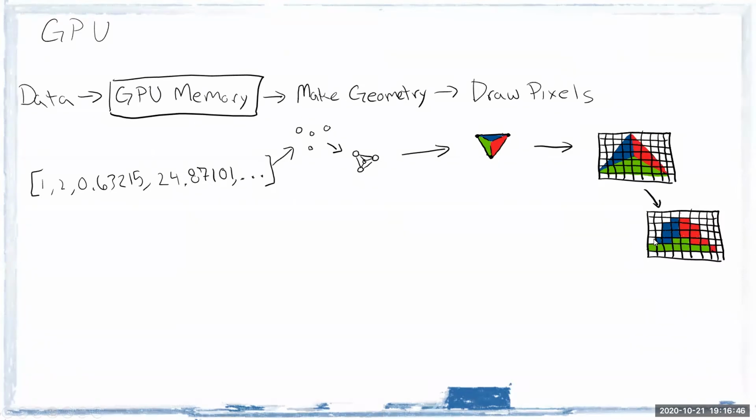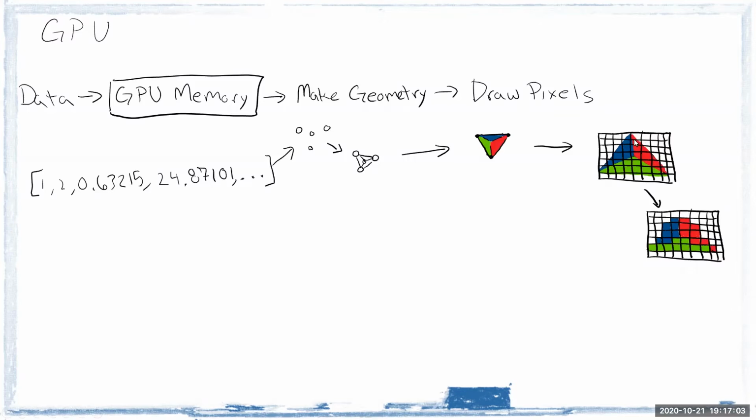Now, rasterization is taking these potentially infinitely precise points in 3D space and quantizing them into pixels.